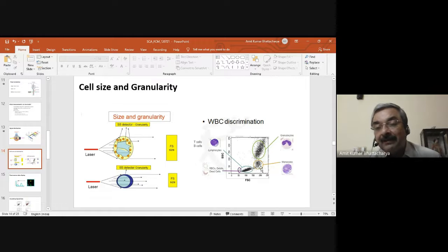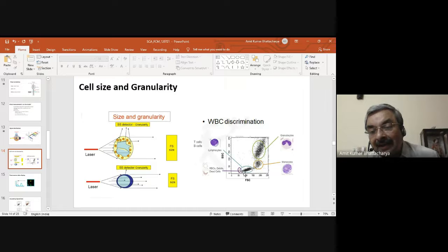Monocytes are undifferentiated macrophages. They have a size of around 15 microns, so the forward scatter is more.